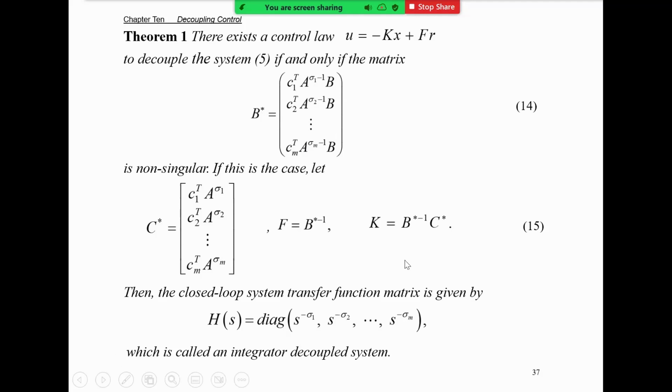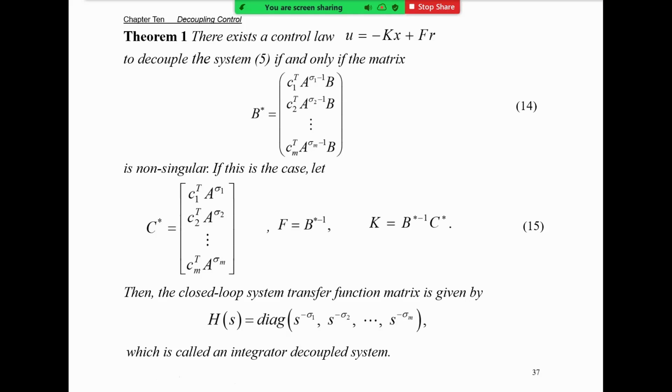In this way, the final outcome of the closed loop transfer function is just a diagonal matrix, where those diagonal terms are just integrators. How many integrators for each one depends upon the relative degree.